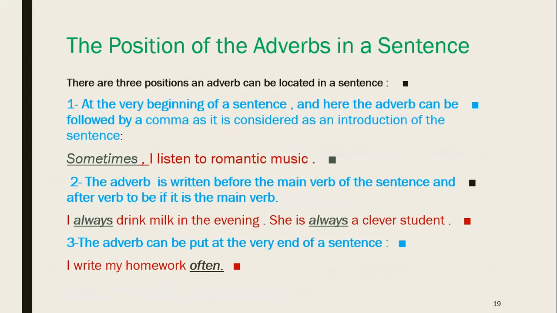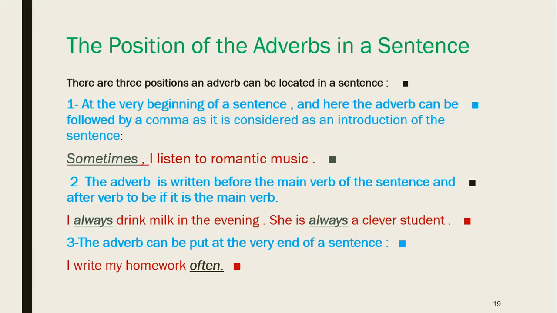Number one, at the very beginning of the sentence, and this time it's an introduction to the sentence, and we put a comma after it, like, for example, sometimes, and we pause for a very short time here for the comma, I listen to romantic music. The second position is before the main verb of the sentence, and after verb to be, am or is or are, if it is the main verb of the sentence.